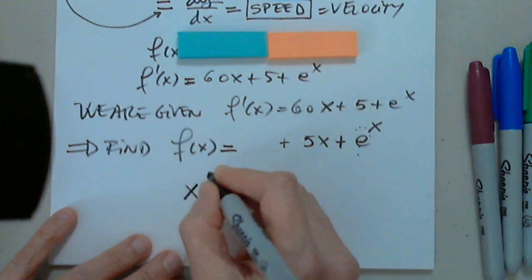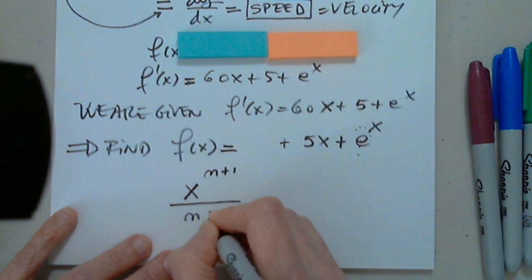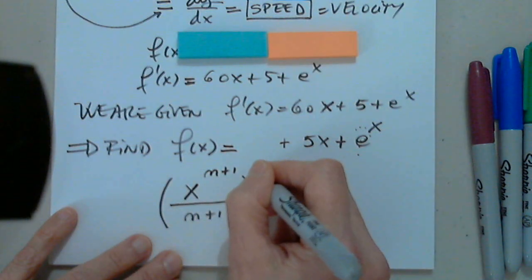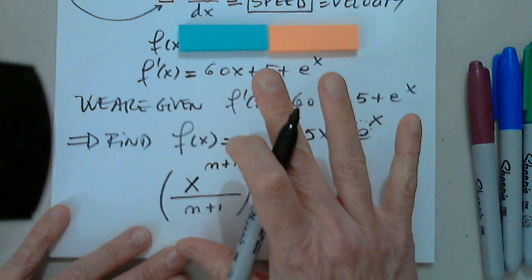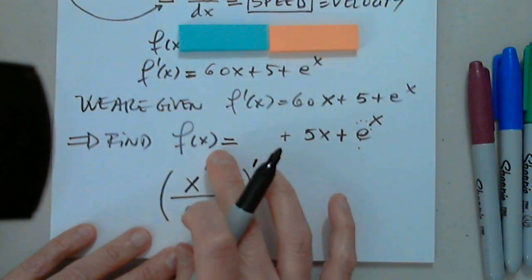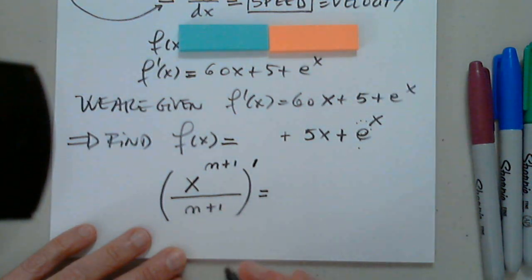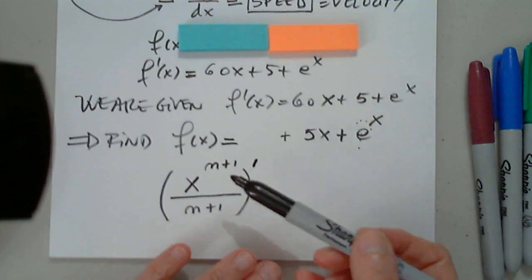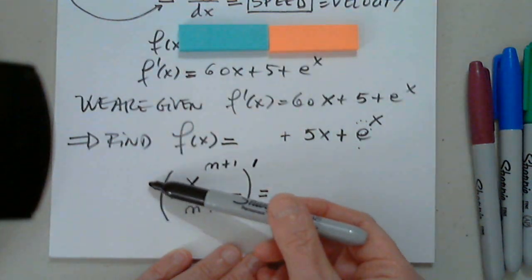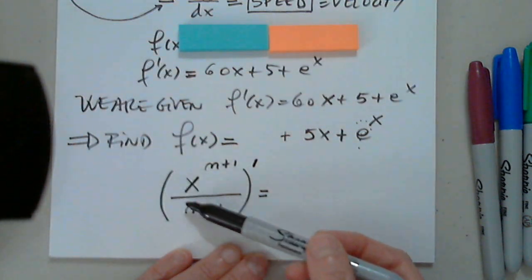If I have x to the n plus first power over n plus first power, and I differentiate this, I'm coming back to this, I didn't forget. I just want to explain something first. So I have x to a power, which is n plus 1, and I have the denominator, which is n plus 1. Let's just differentiate this for a moment. I will bring n plus 1 in front, but it will cancel with n plus 1.